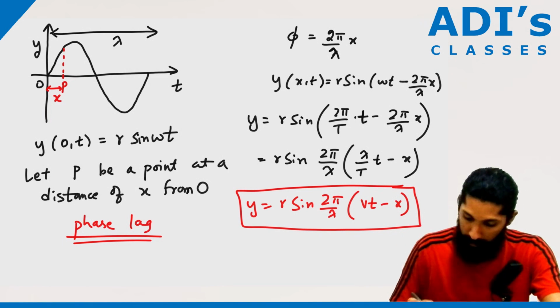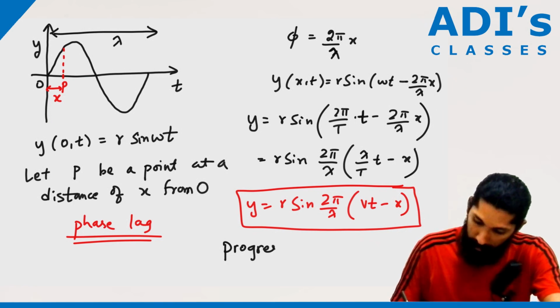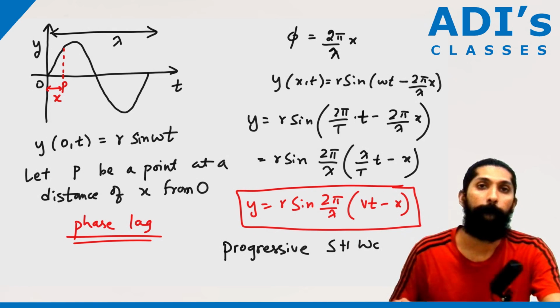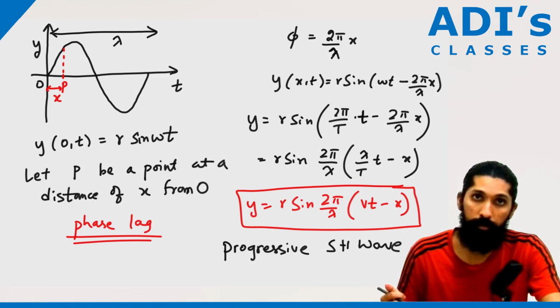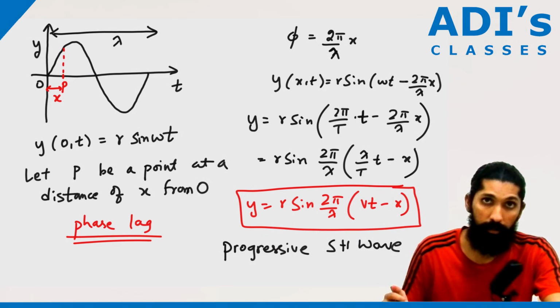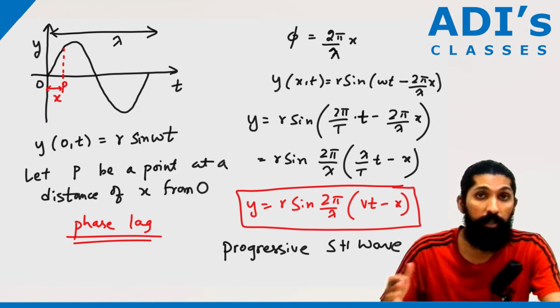Okay, so you can say that it's a progressive simple harmonic wave. Now there are other ways of representing the same wave also. Let's do another formula for the same thing and figure out the meaning of that.